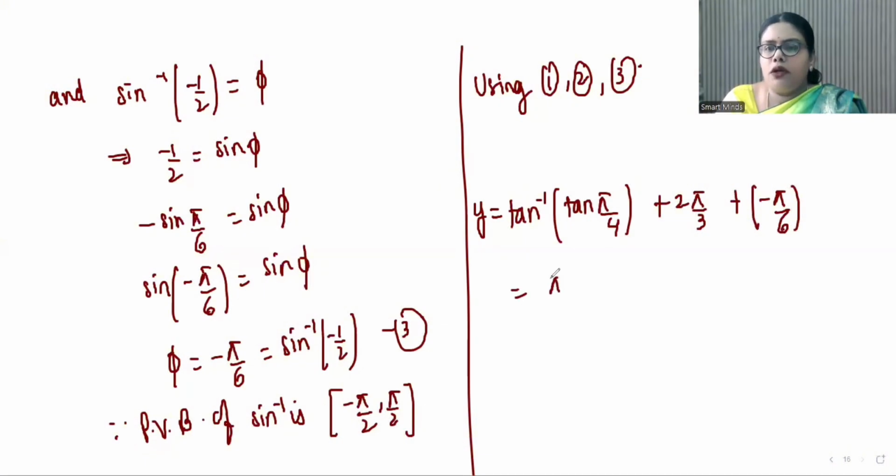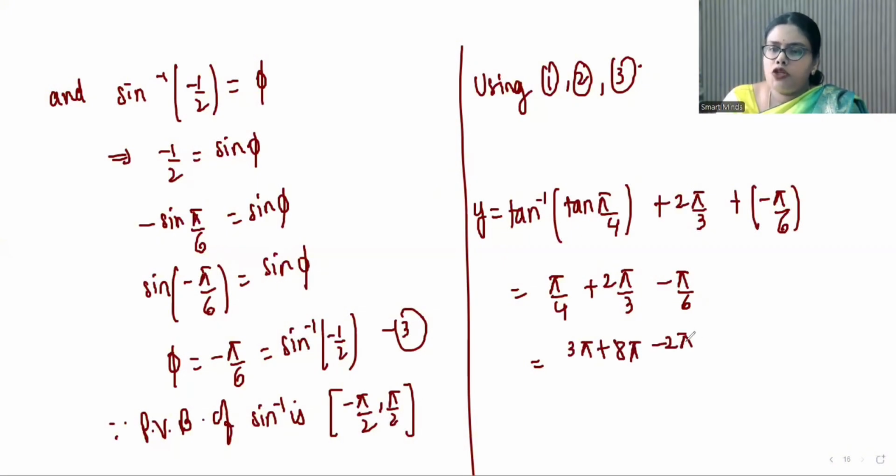So that is equal to pi by 4 plus 2 pi by 3 minus pi by 6. So that is 3 pi plus 8 pi minus 2 pi divided by 12, so that is 9 pi by 12, which is equal to 3 pi by 4.